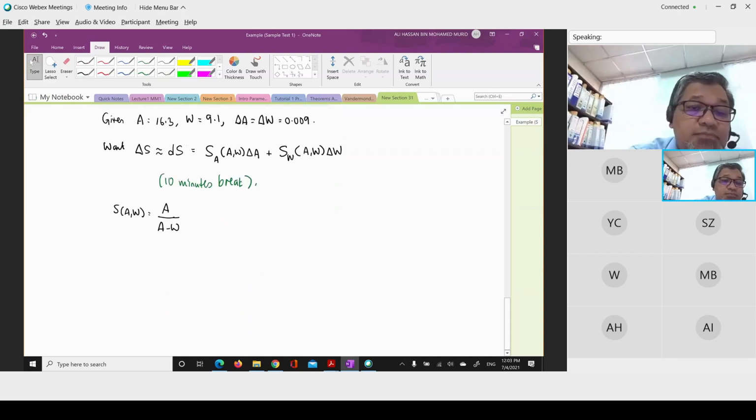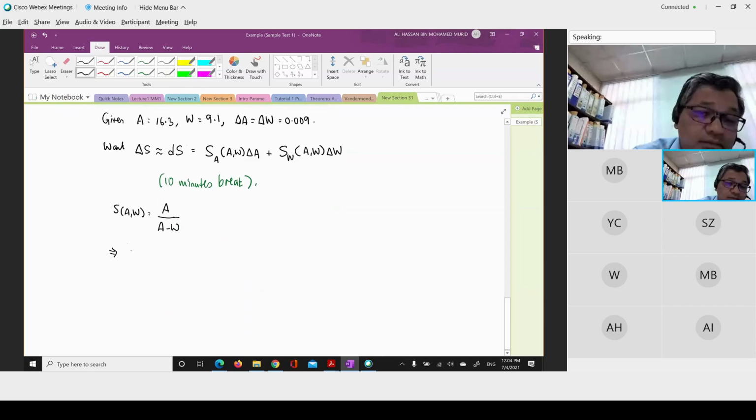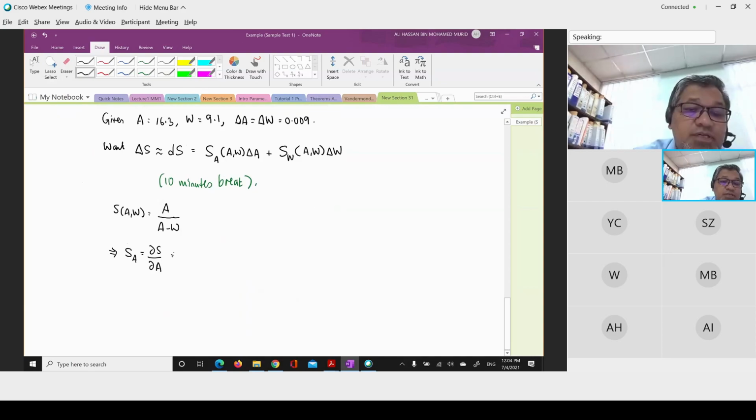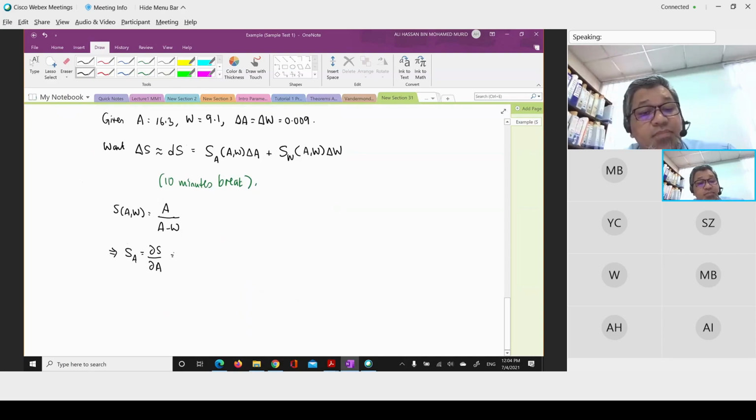So what is S partial A? This is also another symbol for S partial A, the curly D symbol, yeah.